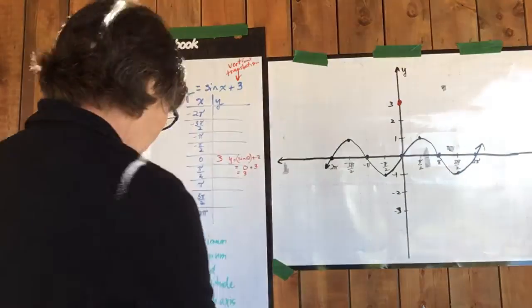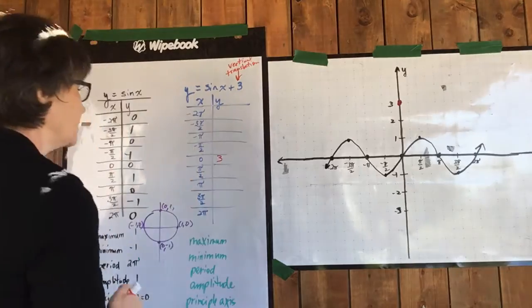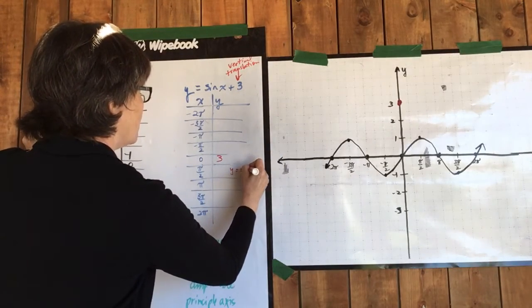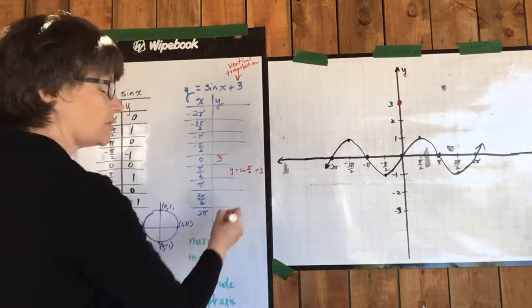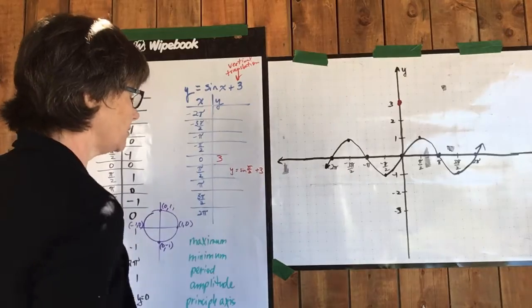Okay, let's do a couple more algebraically. Let's look at pi over 2. So y equals sine of pi over 2 plus 3. Now remember that plus 3 has nothing to do with the sine, only the pi over 2 does.